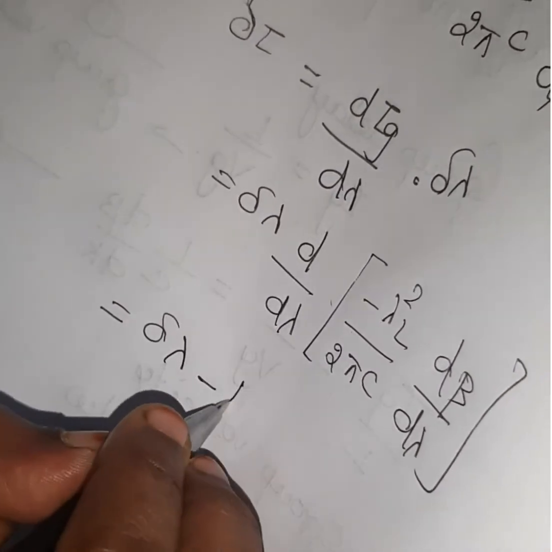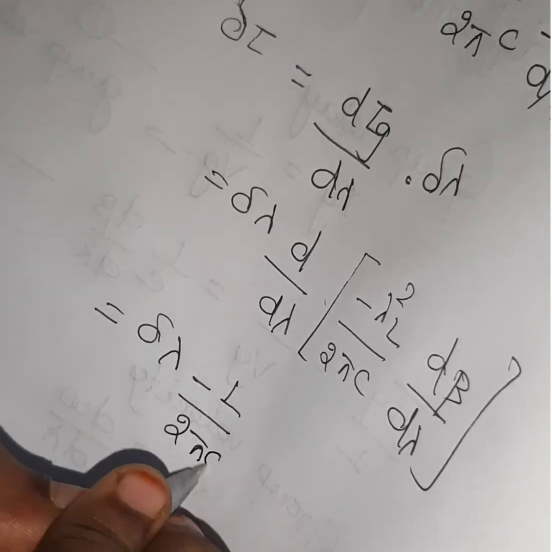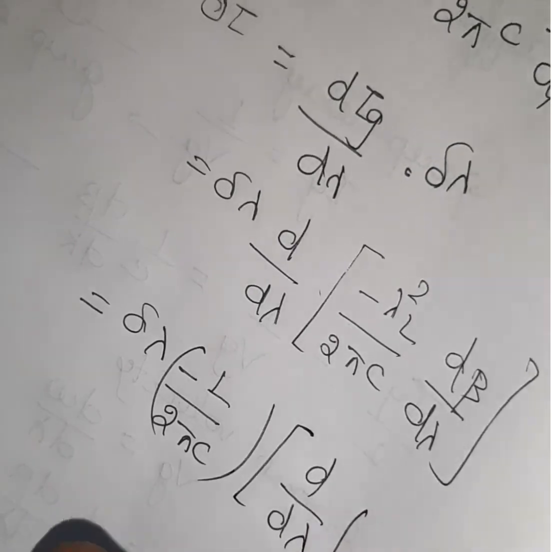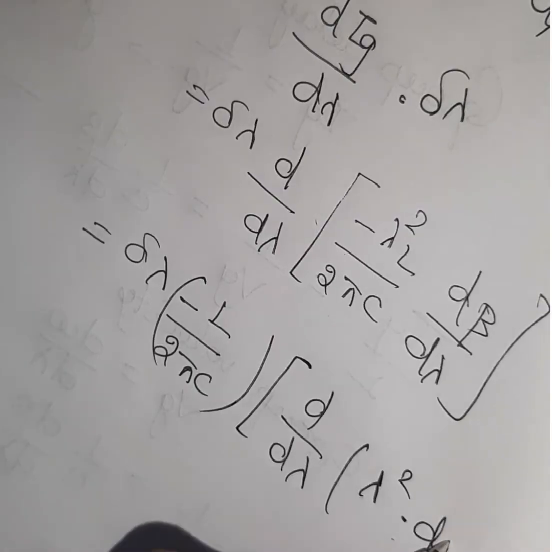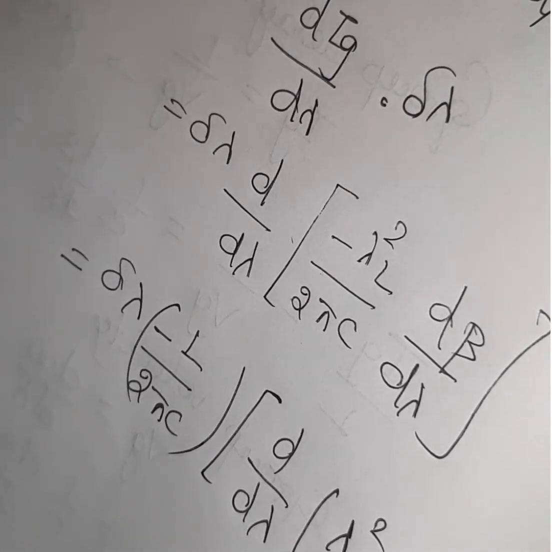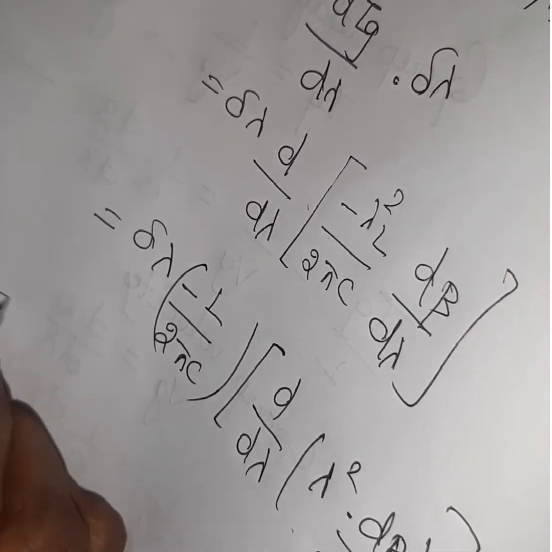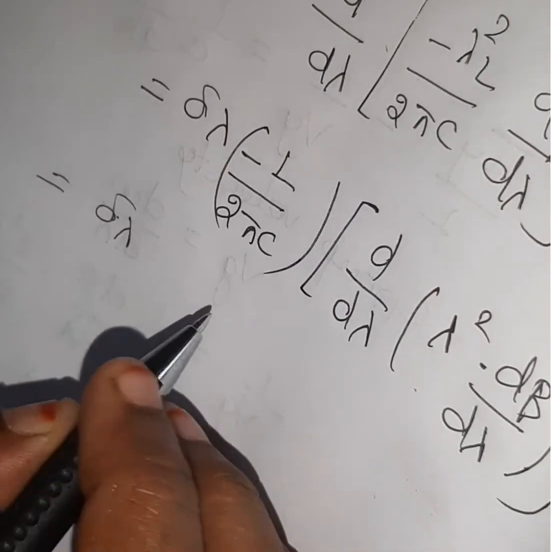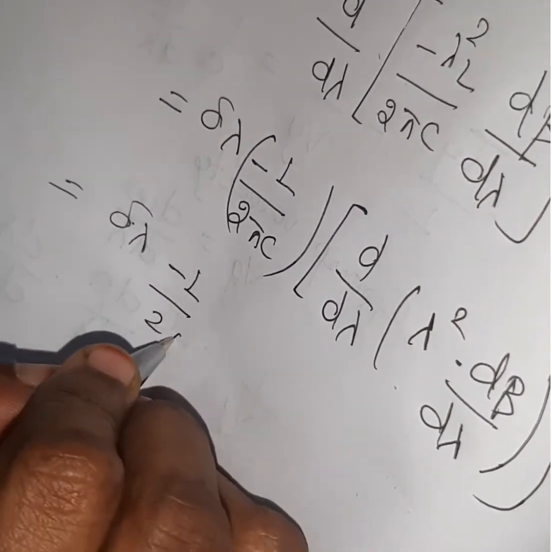Take the constant term outside, minus L by 2 pi c, and write the remaining term d by d lambda into lambda squared into d beta by d lambda. Now differentiate this value.